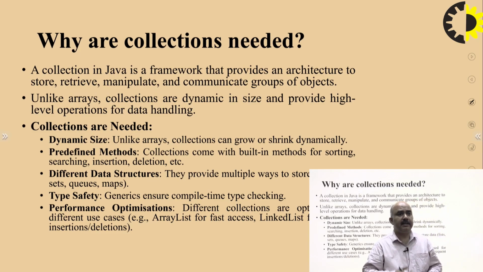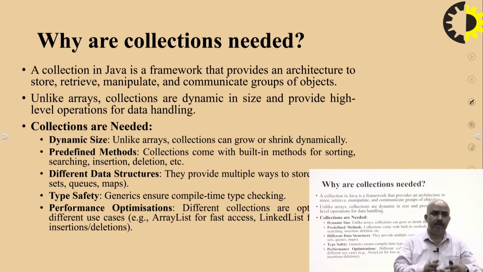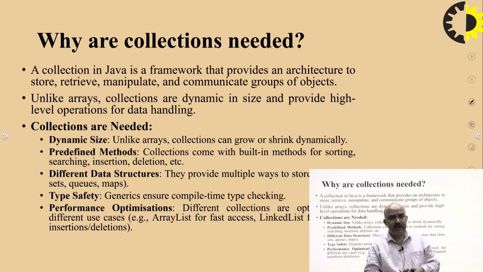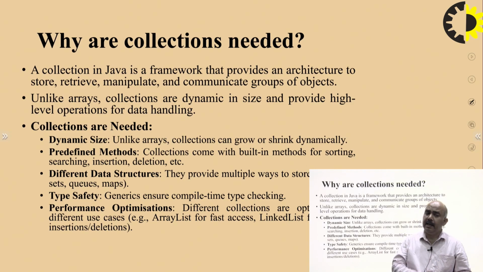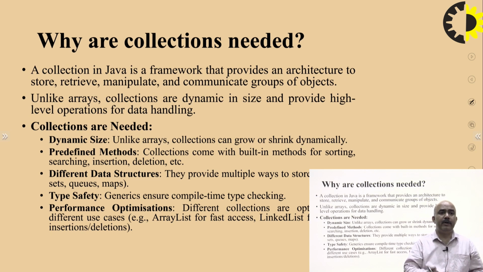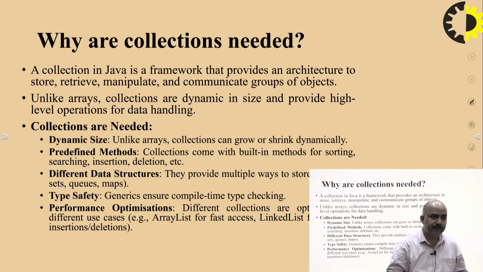In this manner, we can provide examples with respect to a list. In a list, we can insert duplicate values. But in the case of a set, we don't provide duplicate values. So, these are the performance optimizations in the collections.